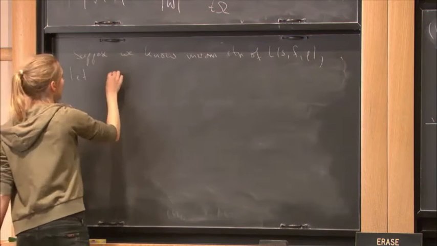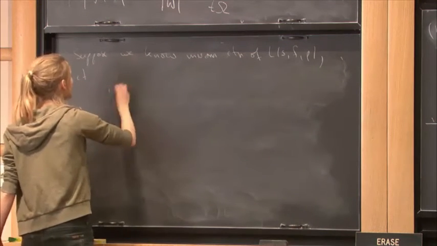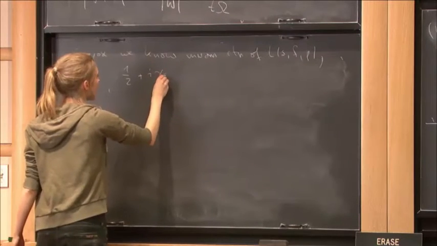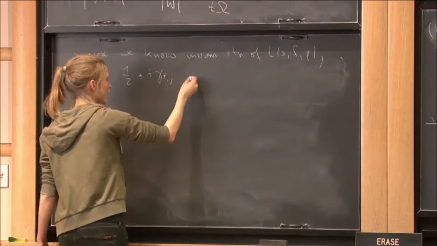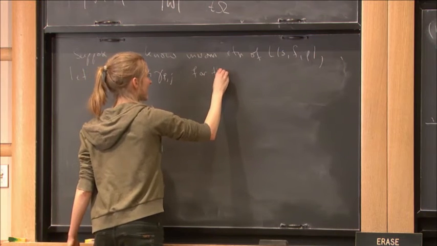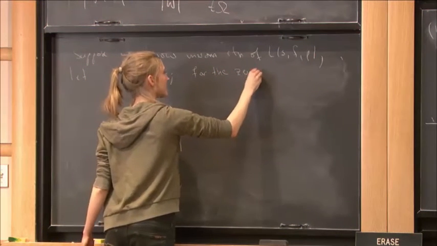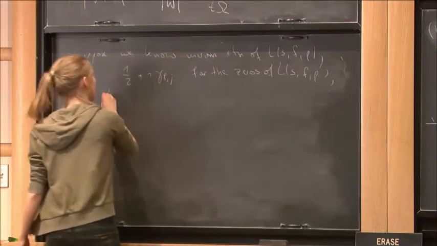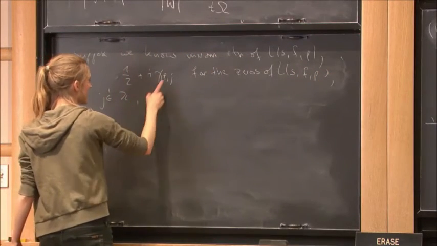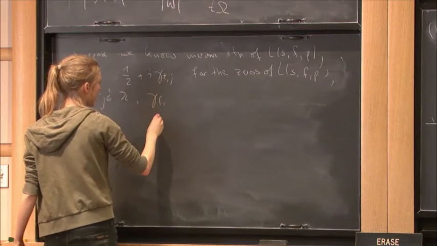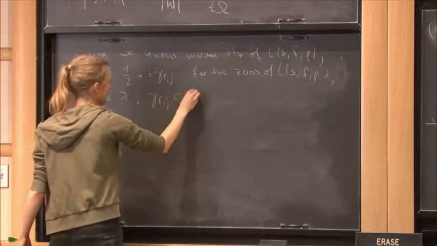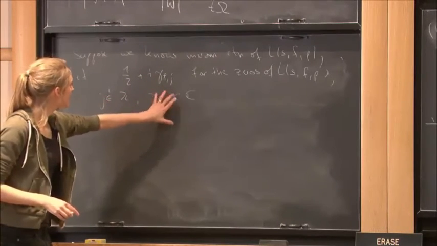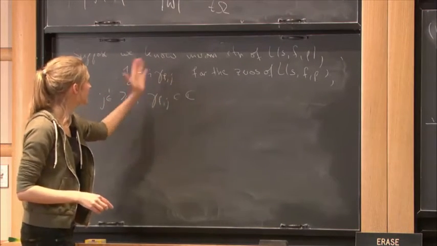We write rho_{F,j} = 1/2 + i gamma_{F,j} for the zeros of L(s, F, rho). j runs through the integers, and this gamma_{F,j} is a complex number, so we don't assume the Riemann hypothesis, but in general they are expected to be just real numbers.